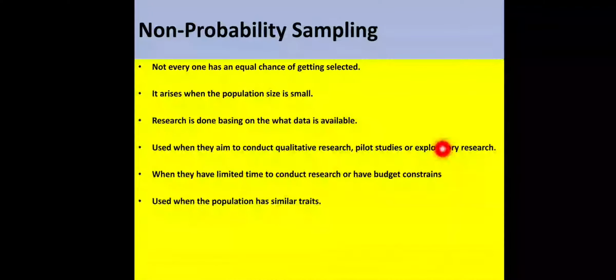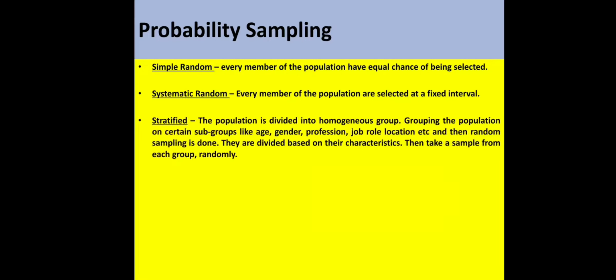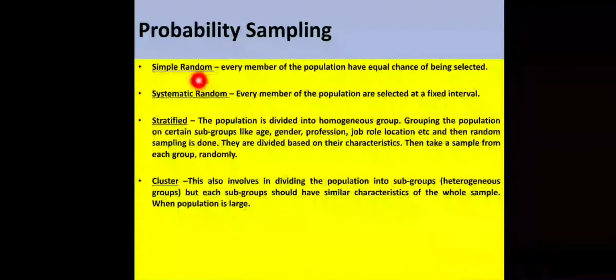So, here you can see it is used when the population has similar traits. Okay, it is also used when the population has similar traits alike. Okay. Now, the types of probability sampling. We'll discuss simple random sampling, systematic random sampling, stratified random sampling, and cluster sampling.